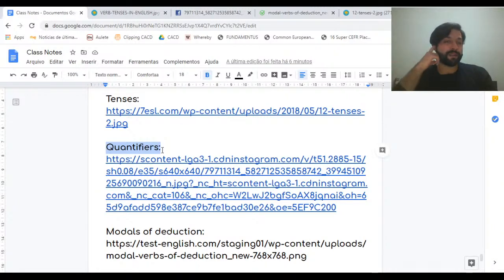And the modals of deduction, which were in unit 4, when we started deducing things. Oh, it must be this, it can't be that, these kinds of things. Unit 2 was about the future, and the future will be covered in the tenses as well, okay?